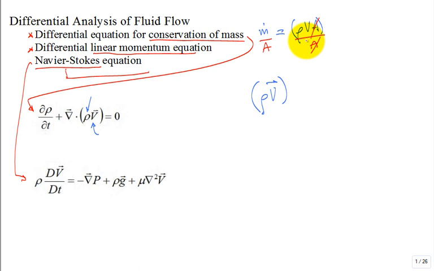All right. What is this del right here? That's a mathematical operator. And so when you see del with the little arrow on it, think of the partial with respect to x i plus the partial with respect to y j plus the partial with respect to z k. True or false?